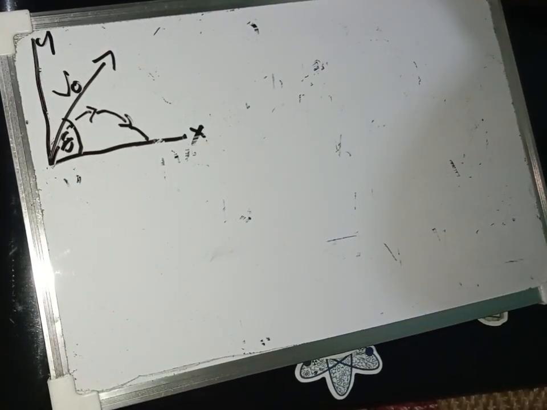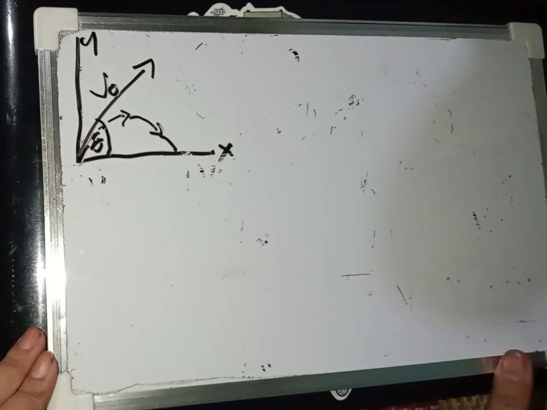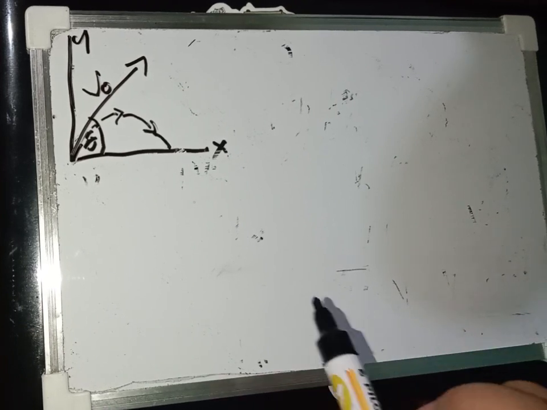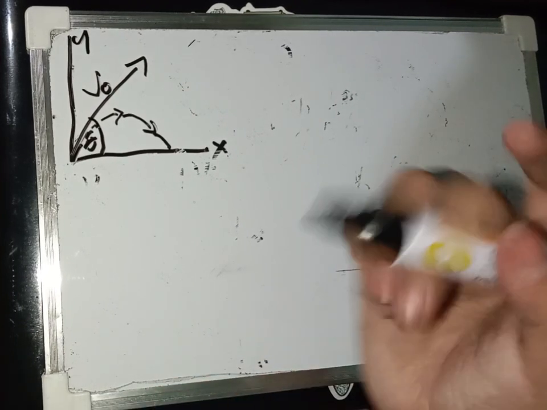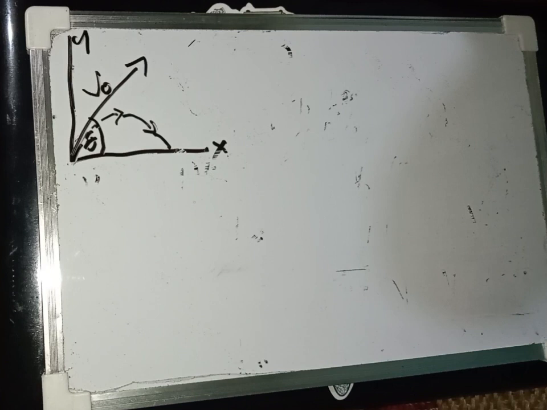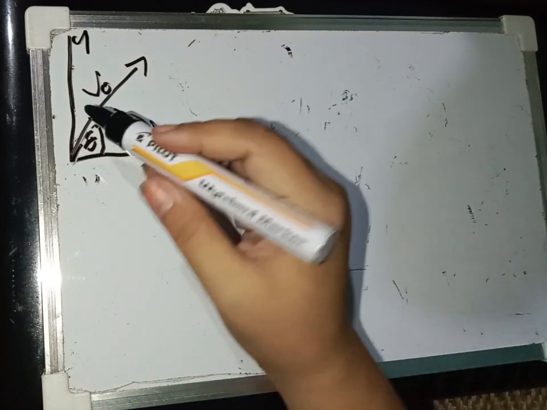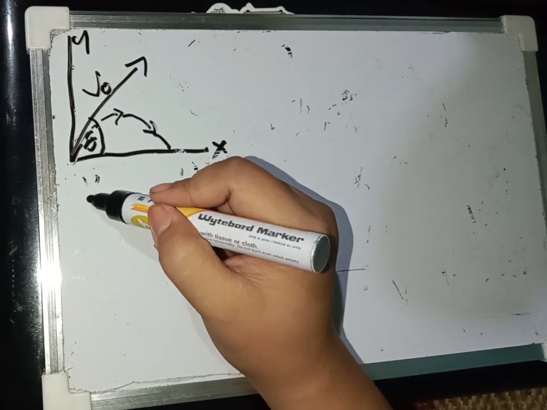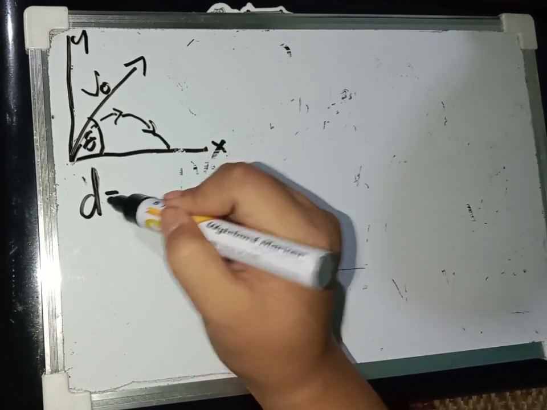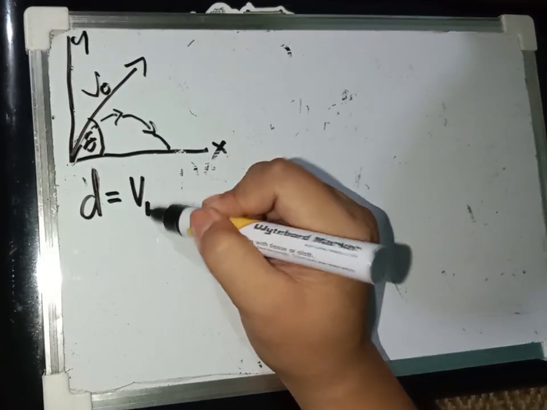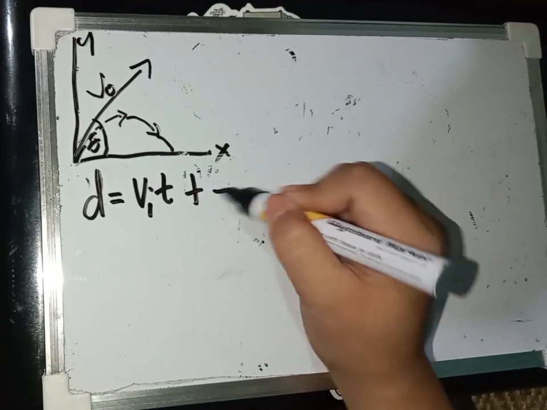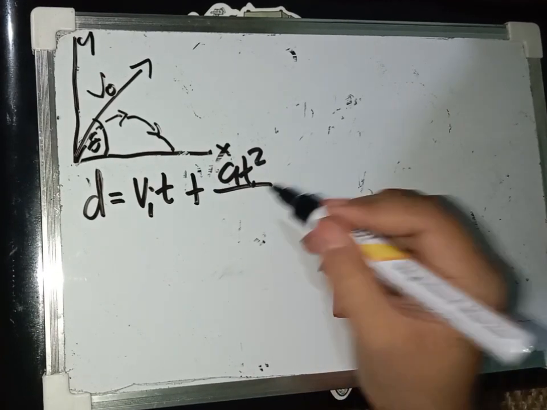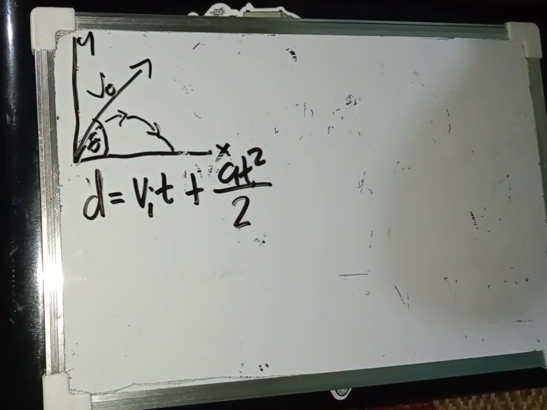Now for the third equation, we will be deriving the displacement at the x component, or displacement at the horizontal. So meaning to say, we will be deriving from the Suvat equation, from the second derived equation yesterday or in our previous lesson. So you will have here the equation from the Suvat: displacement is equivalent to v sub i multiplied by t plus at squared over 2, right? That is the equation, correct?